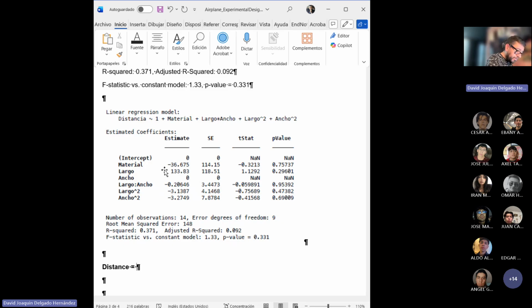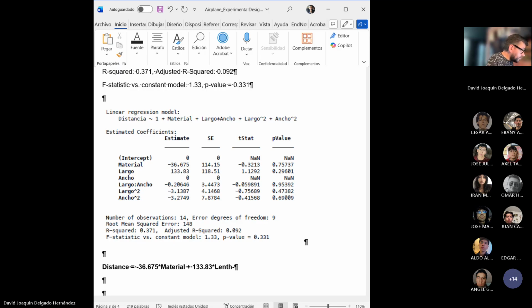But then I have to put minus 36.675 times material plus 133.83 times length plus 0. Again, I am not going to put the following coefficient.